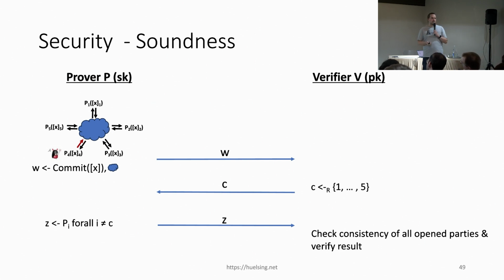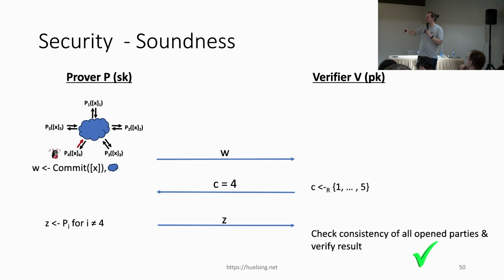When do I get caught? No, in this case, I don't get caught when I compute the final output, because I'm choosing these communications exactly such that the final output will be correct. I will not get caught in exactly the single case that this party does not get opened.